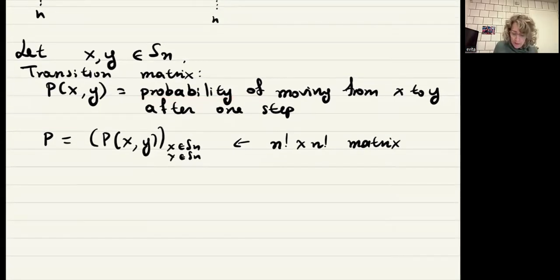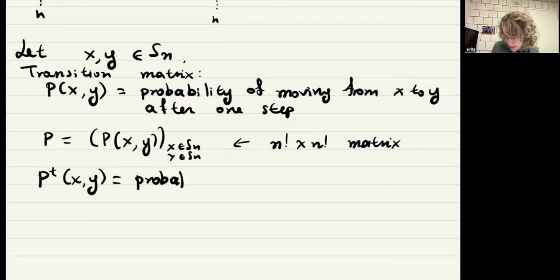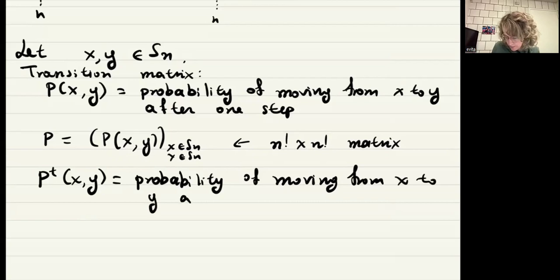Okay, so now we want to capture doing the process again and again. So this means that we will be taking powers of the matrix, and the XY entry of P to the T will be giving the probability of moving from X to Y after T steps.